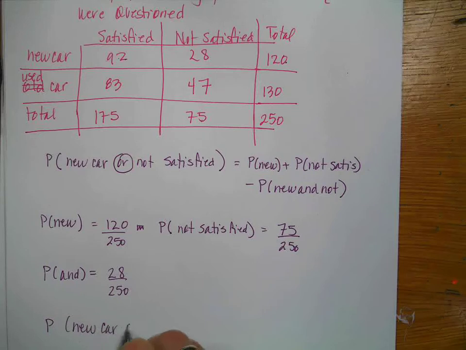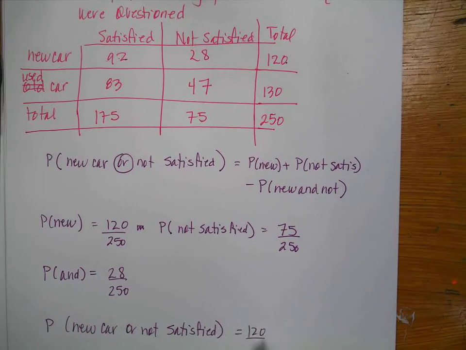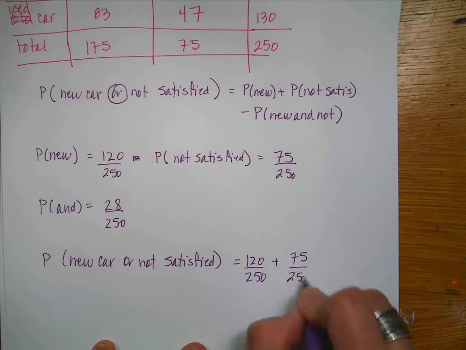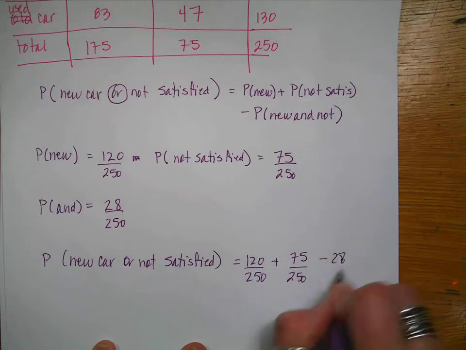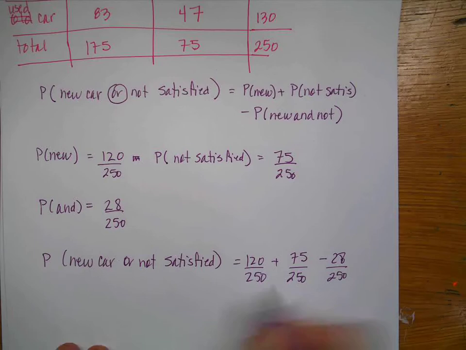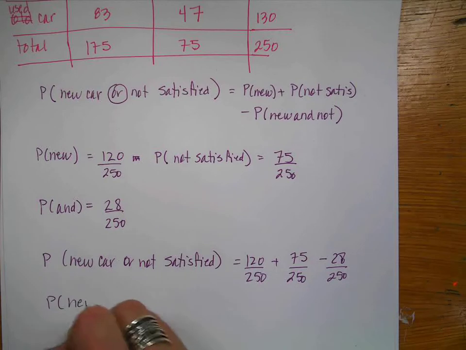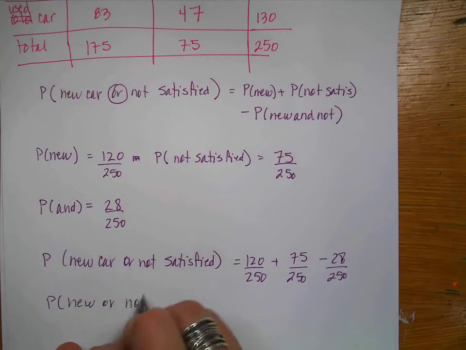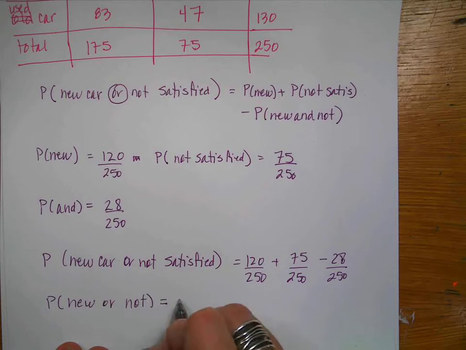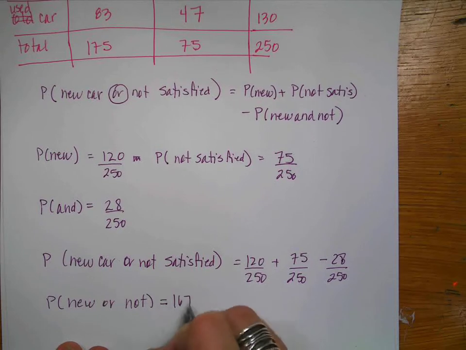So then my probability of new car or not satisfied is going to equal the 120 over 250 plus the 75, let me scoot my paper up so you can see, out of 250 minus the 28, that's an 8, out of 250, and we get that probability of new or not is going to be equal to 167 out of 250.